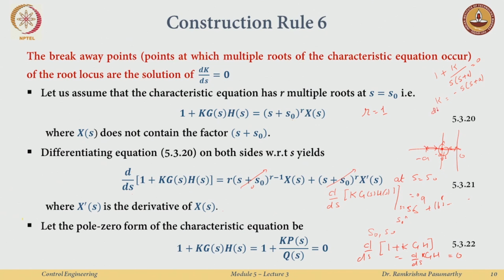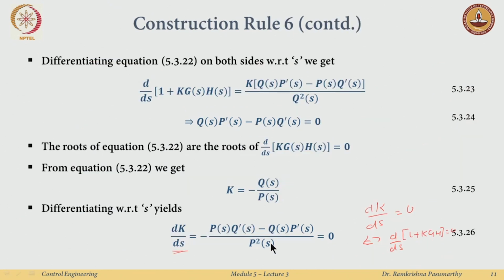Okay. dk by ds would be minus twice s plus a, and if I equate this to 0, I get the solution as s equal to minus a by 2, right, and this is the breakaway point. And of course, in this case it also turns out to be the centroid point, and it can happen in many cases, right. So you can see why this is a by 2 using this explanation over here. Okay.